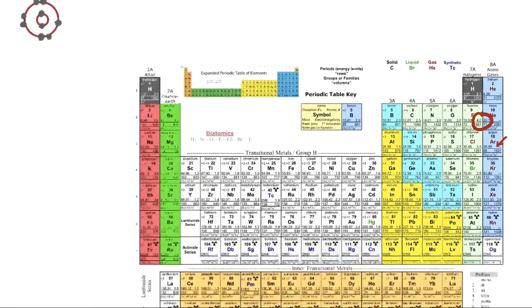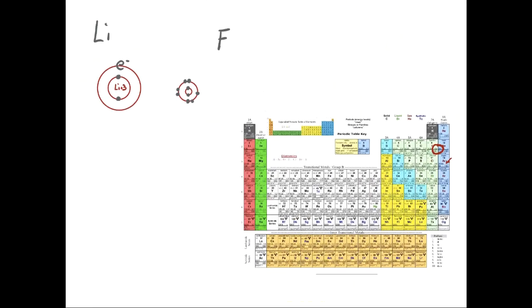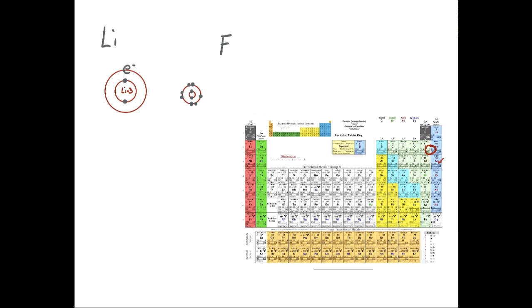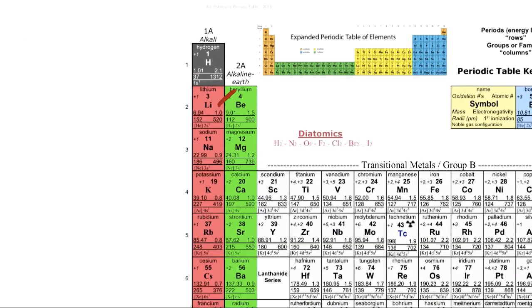Why is that? Because it's the smallest radius. So the closer you are to the nucleus, the greater the attraction you're going to have. So fluorine has an electronegativity value of 4.